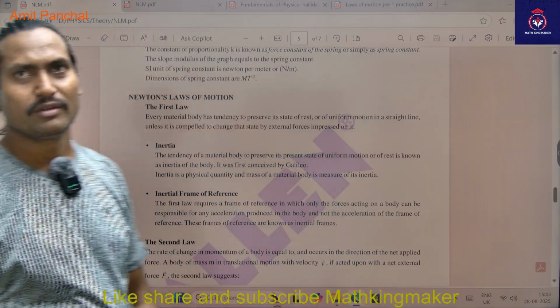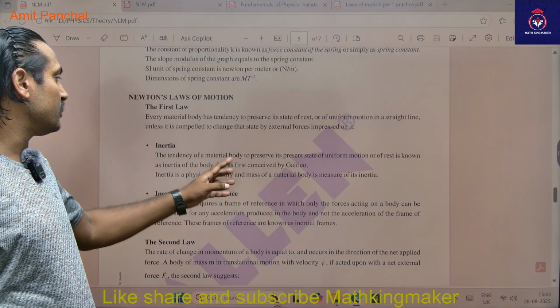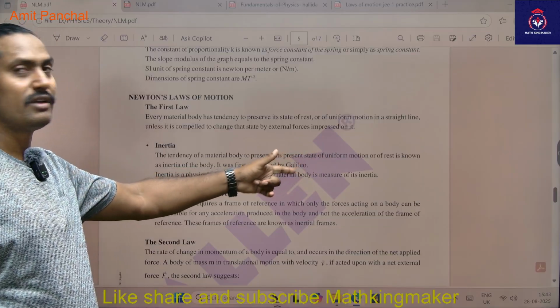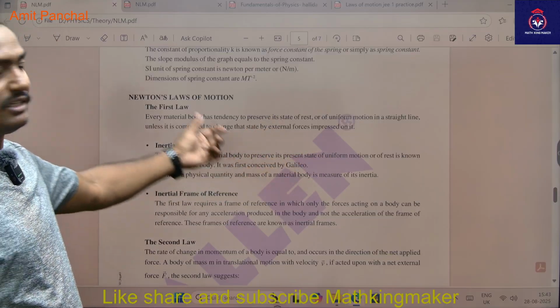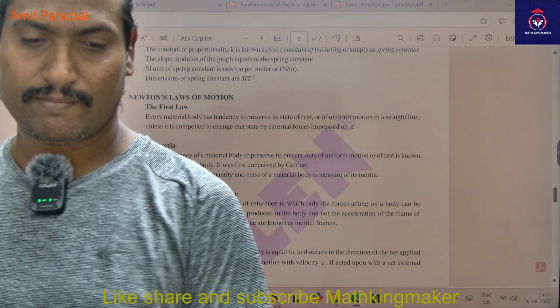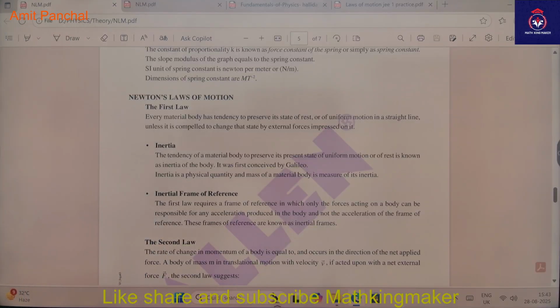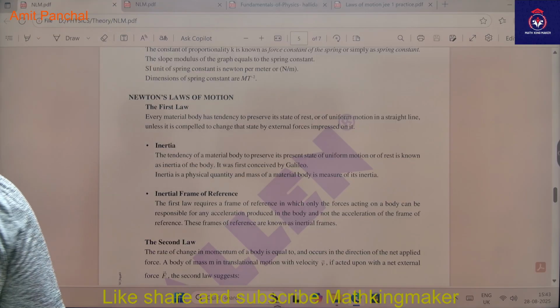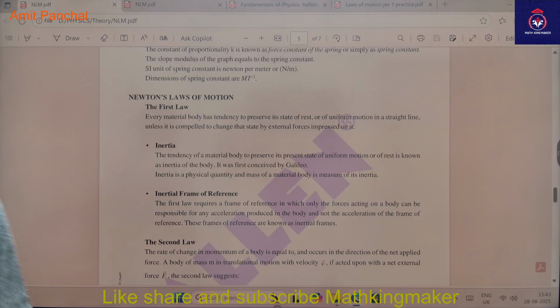So inertia is a physical quantity, and the mass of a material body is a measure of its inertia. So it is measured in terms of mass. Sometimes we can say mass is a measurement of inertia.